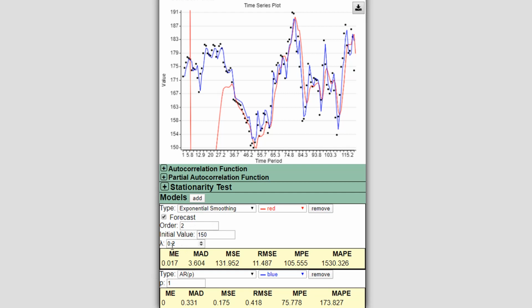My point is that if you've got two different models, you can compare these metrics between them and see, oh look, the AR1 model has a lower mean error, a lower mean absolute difference, a lower mean square error, a lower root mean square error, but of course because we're looking at residuals, the mean percentage error and the mean absolute percentage error are way higher.